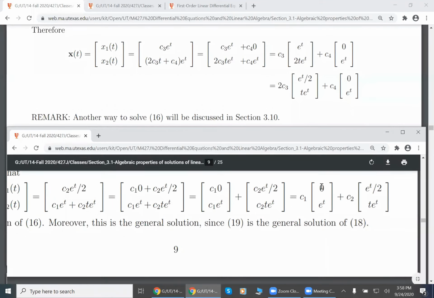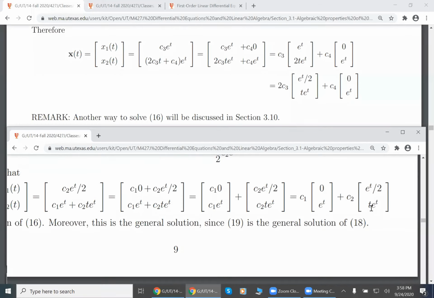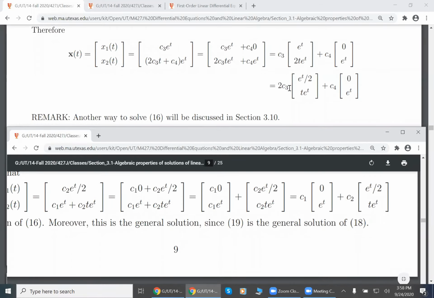This matrix column is same as this matrix column. This matrix column is same as this matrix column. Therefore, if we replace 2c3 by c2 and c4 by c1, we get absolutely the same result.